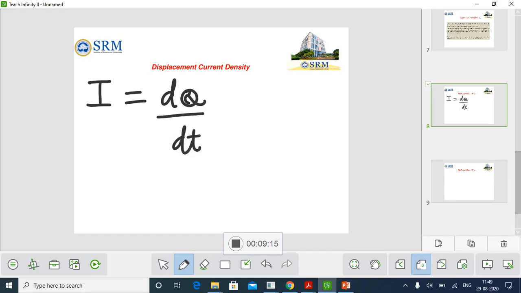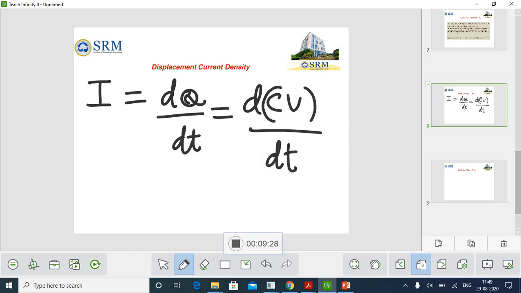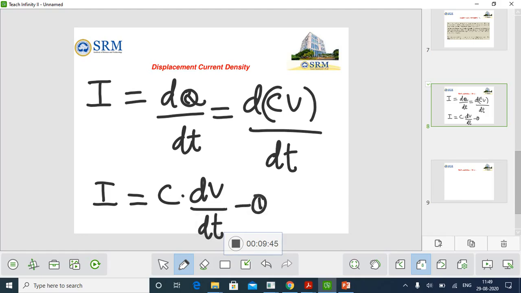We know that the value of Q equal to C into V. So this equation becomes d of C V divided by dt. Equation can be rearranged: I will be equal to C dot dV divided by dt. This is equation number 1.